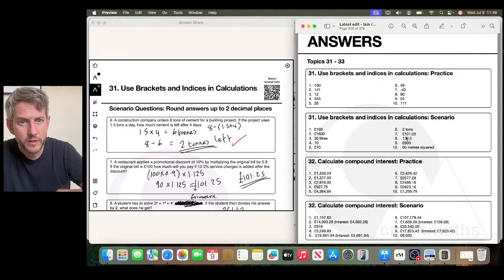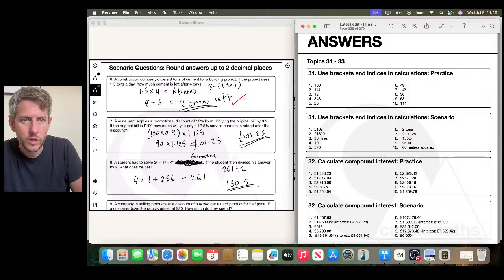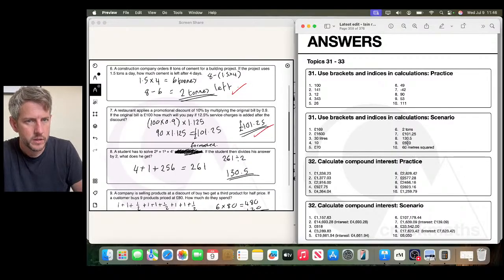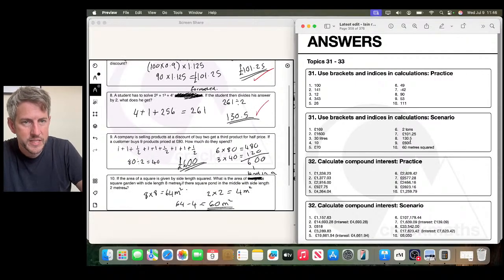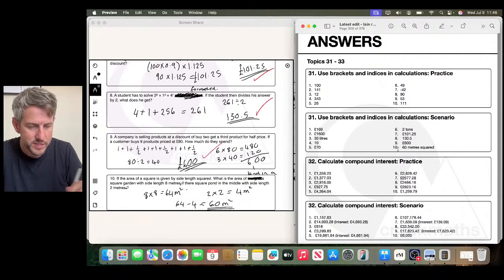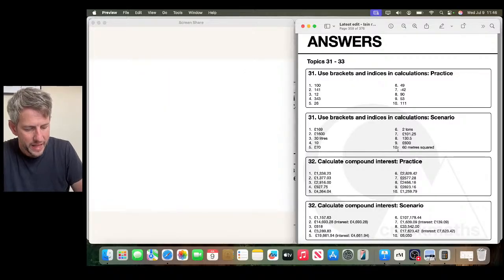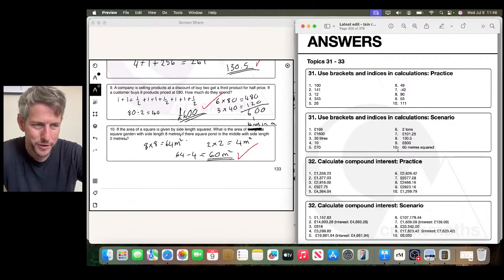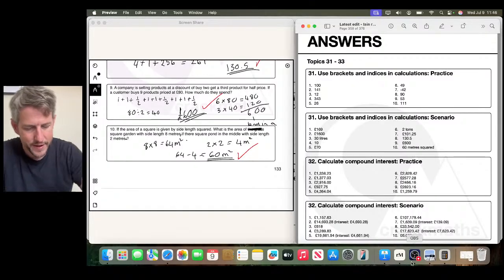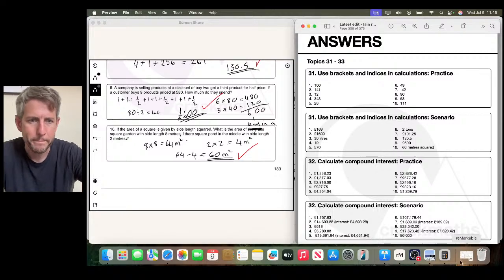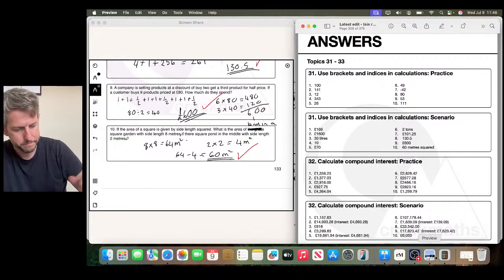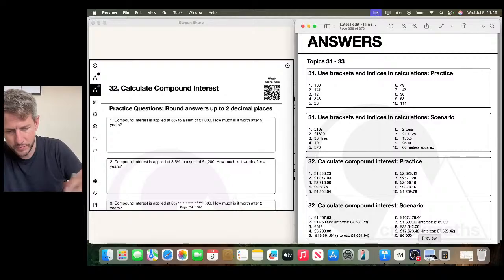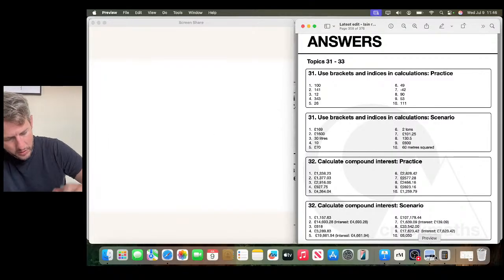Question 7 is 101.25 pounds. 130.5, excellent. 660 meters squared. Perfect. Right, so the answers are all agreed, even if there's a few question errors there. Okay, right, let's now move on to the next topic. Okay, so let me just put a note here to say that this was formatted as well.